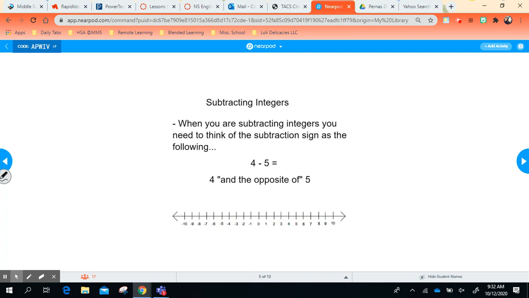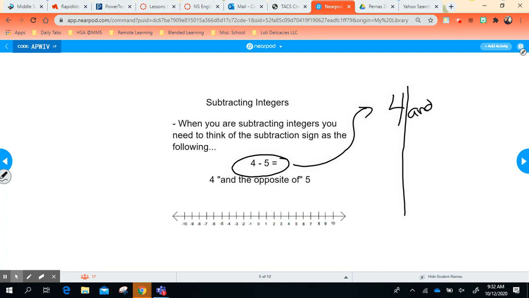So what I mean by that is this. I'm going to take 4 minus 5 and I'm going to rewrite it. So I'm going to do 4 and the opposite of.